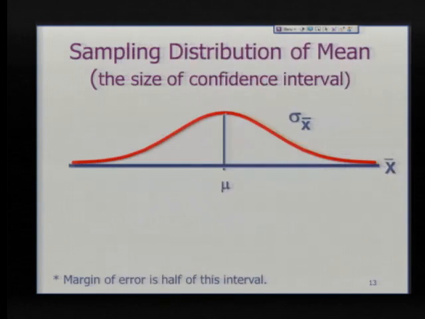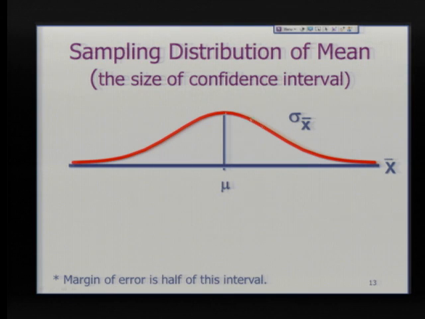I'm going to first talk about how we construct this confidence interval, how people came up with it. We mentioned that the distribution of a sample mean is bell-shaped under some conditions: either the population is normally distributed, or you have a relatively large random sample.